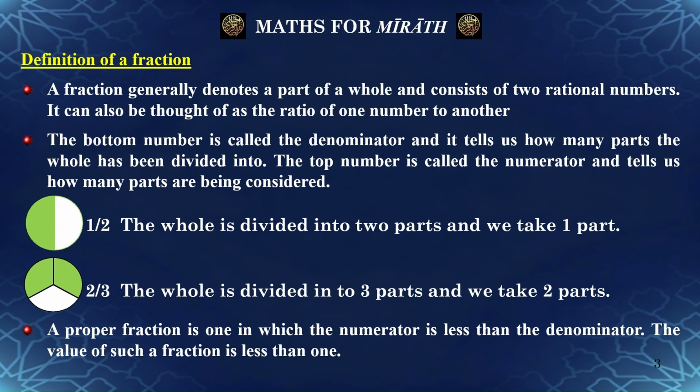A proper fraction is one in which the numerator is less than the denominator. The value of such a fraction is less than 1. An improper fraction is one in which the numerator is greater than the denominator and its value is greater than 1.